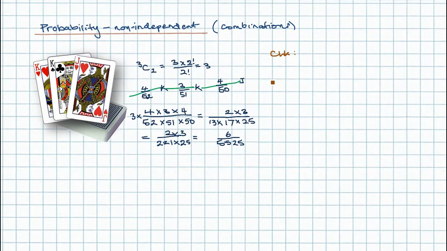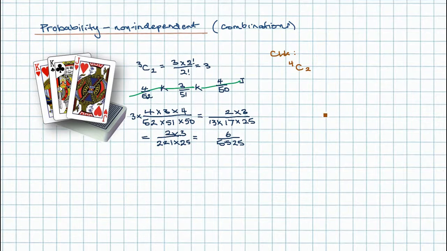The way to think about it using this idea is that we've got, well, 2 kings. So I'm going to think about it in terms of having 4 kings in the pack, and I'm just choosing 2. So I can write that, in fact, as 4, choose 2.